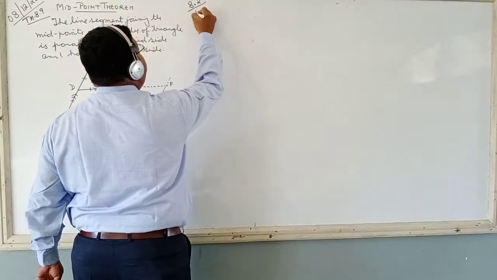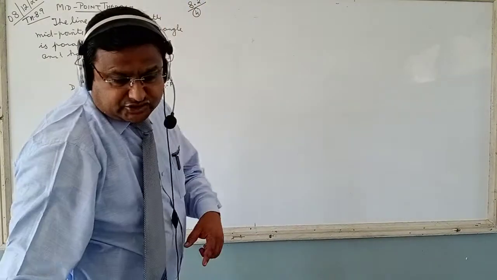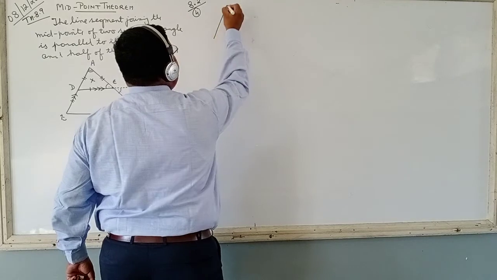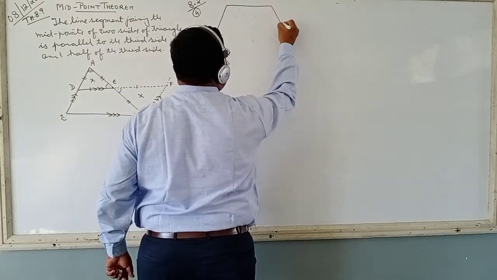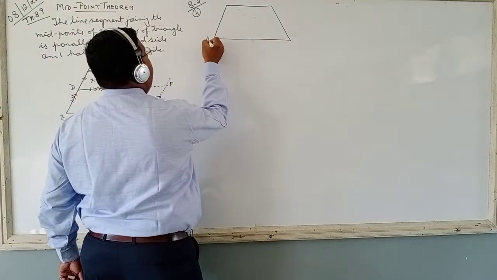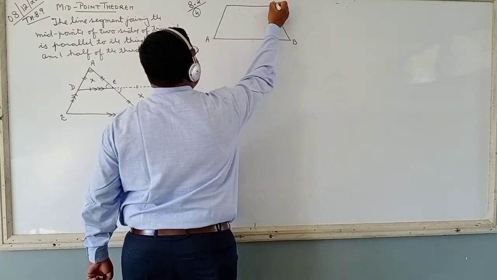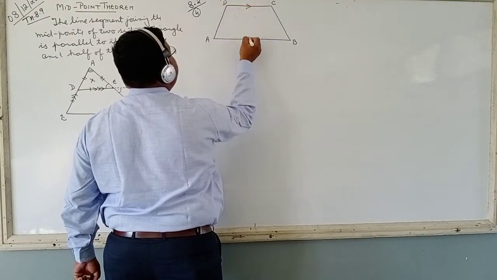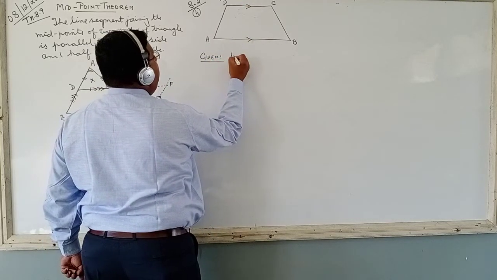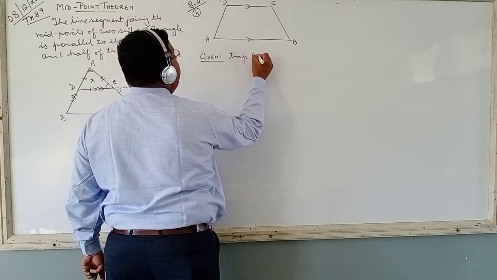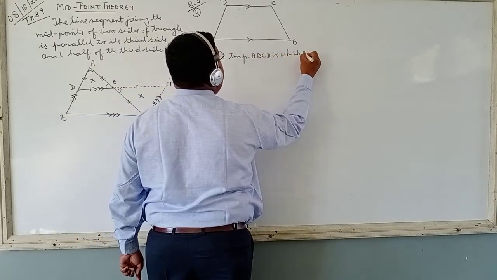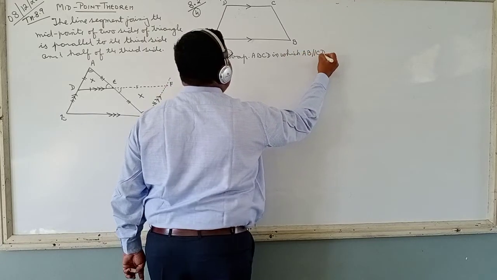ABCD is a trapezium in which AB is parallel to CD. What is given? We are given trapezium ABCD in which AB is parallel to CD.